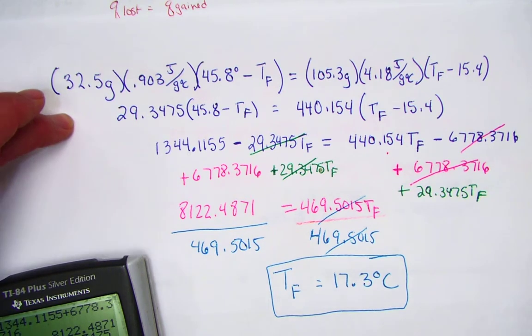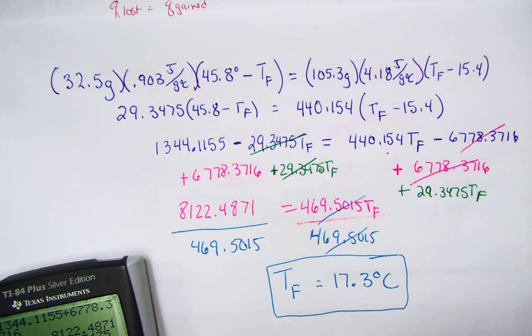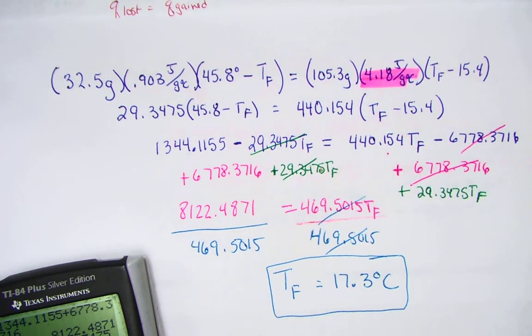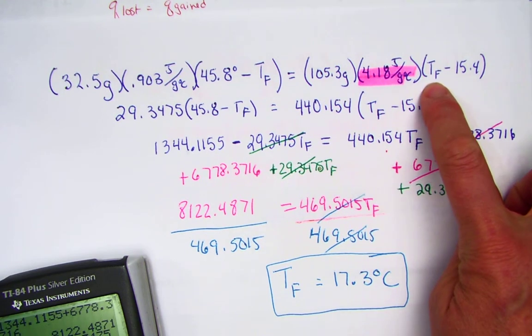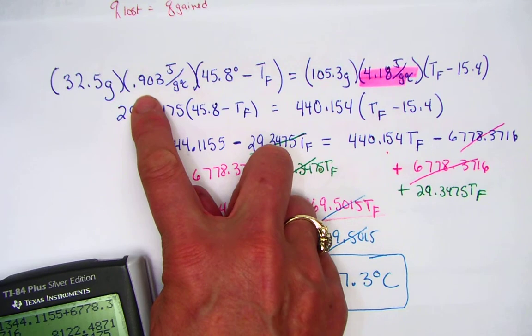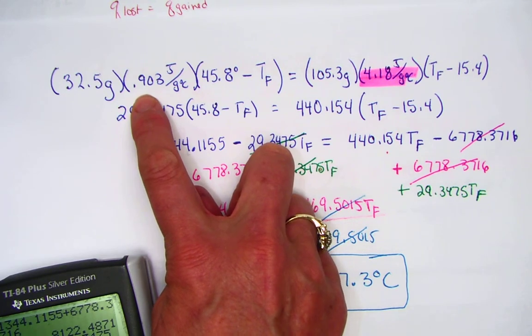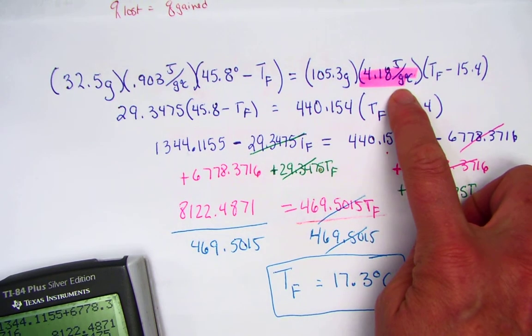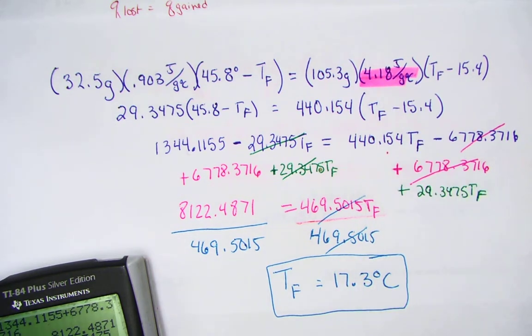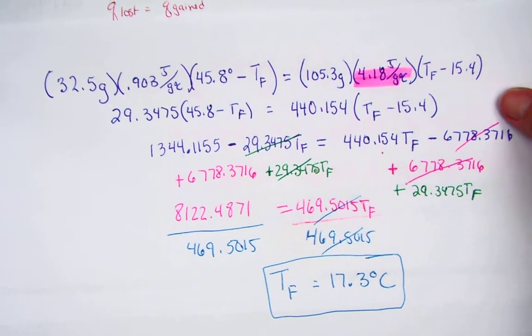And that makes sense because we see that water has a very high specific heat. To warm up water takes an incredible amount of energy. The specific heat constant for aluminum, 0.9. Water has over a 4-time greater value, so this number indeed makes sense. 17.3 degrees Celsius solves our problem.